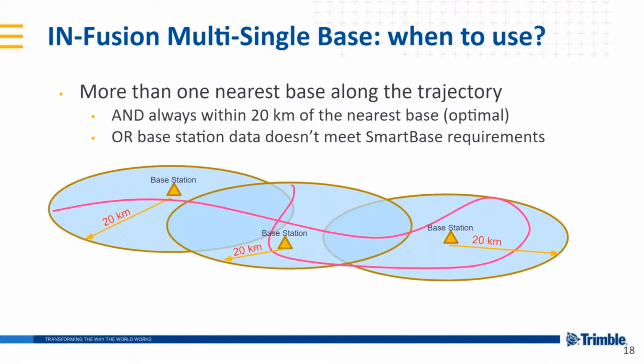In this case, we can use the multi-single base. This is typical for long linear projects, such as long highways, power line corridors, especially if the conditions are not good for SmartBase. So we can use the multi-single base.